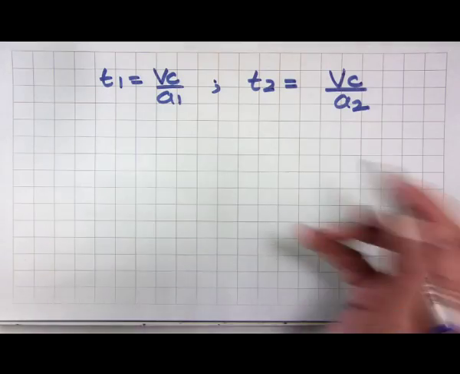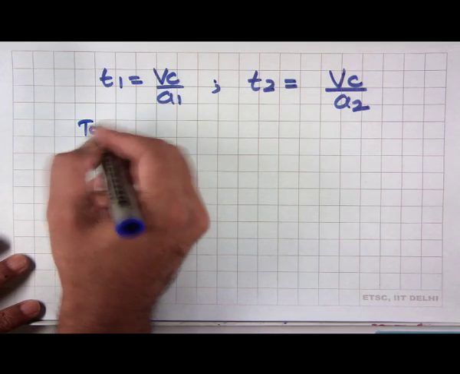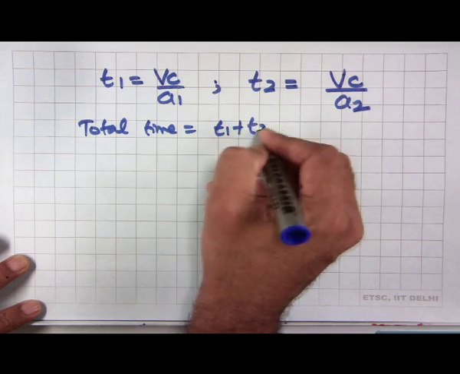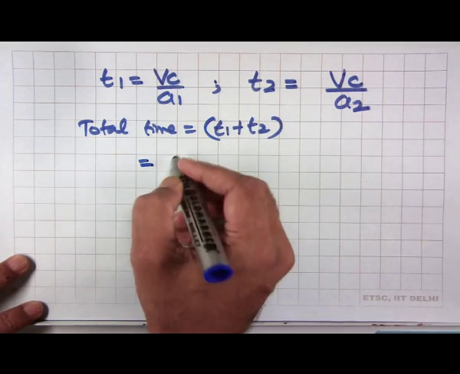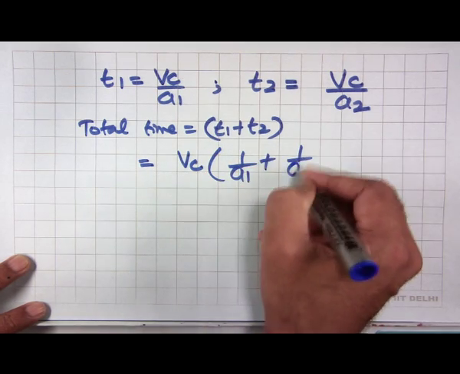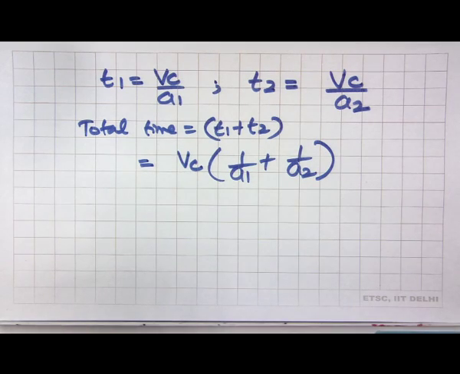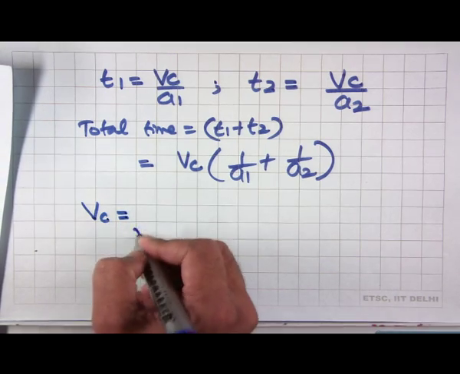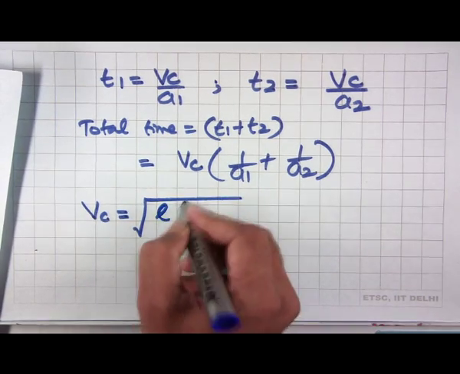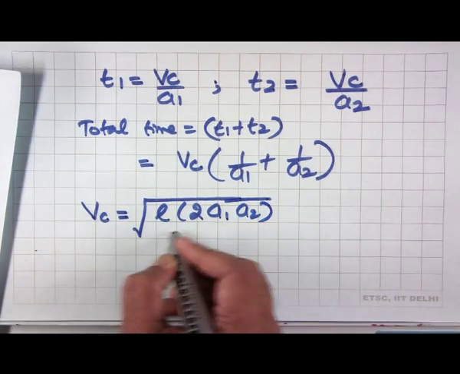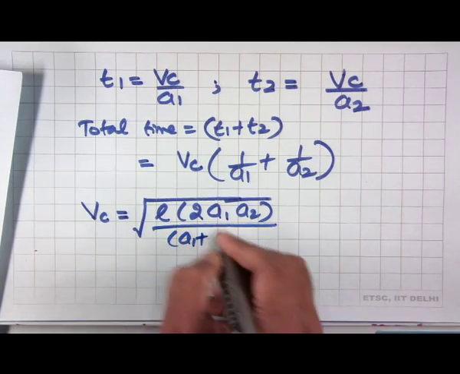Now we have to find the total time. The total time is equal to T1 plus T2, which is Vc times 1 upon A1 plus 1 upon A2, and we know Vc is equal to the square root of L times 2 A1 A2 divided by A1 plus A2.